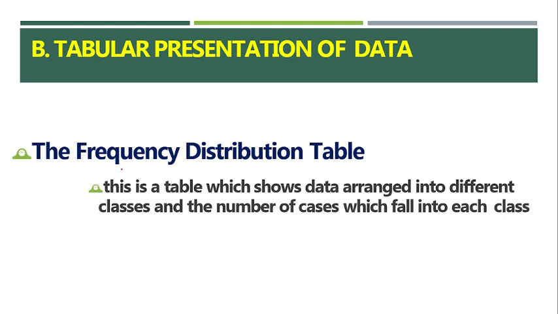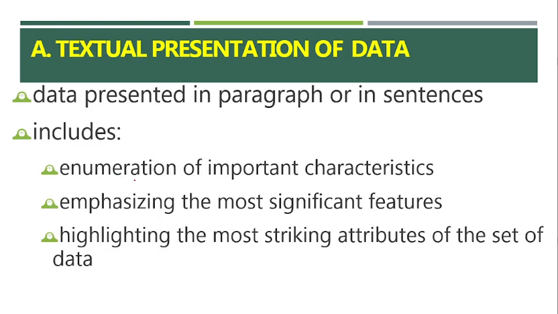Later on, we're going to discuss those parts of this frequency distribution table. There are also parts that will show what the most frequent value is that we usually see in your raw data. Okay, all right.